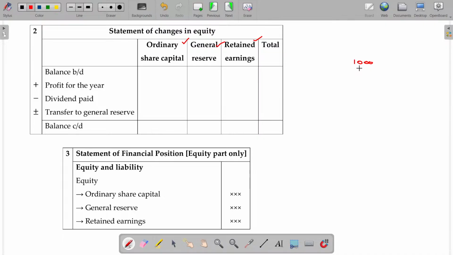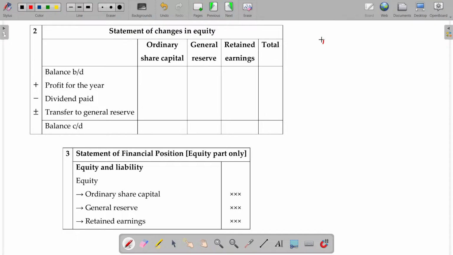And general reserve is nothing but the amount transferred from the profit for the year for the future requirement, probably another 200 rupees. And after distributing the dividend to the ordinary shareholders, whatever amount is left over is called retained earnings.